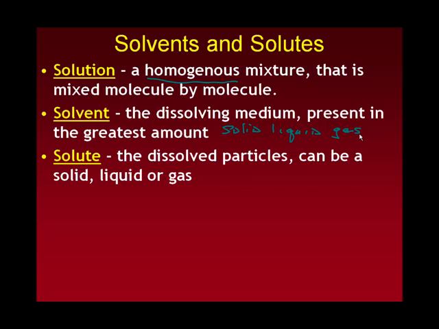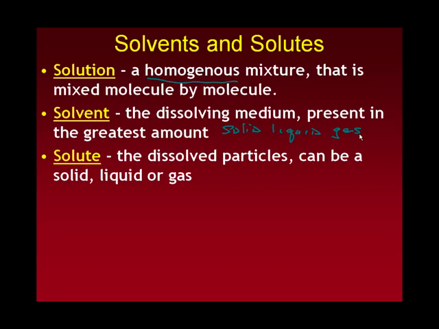We typically think of solutions being formed by having something dissolved in something else, like a spoonful of sugar in a cup of tea. In that case, your solute would be the sugar, your solvent would be the cup of tea. Now, these things can switch around.